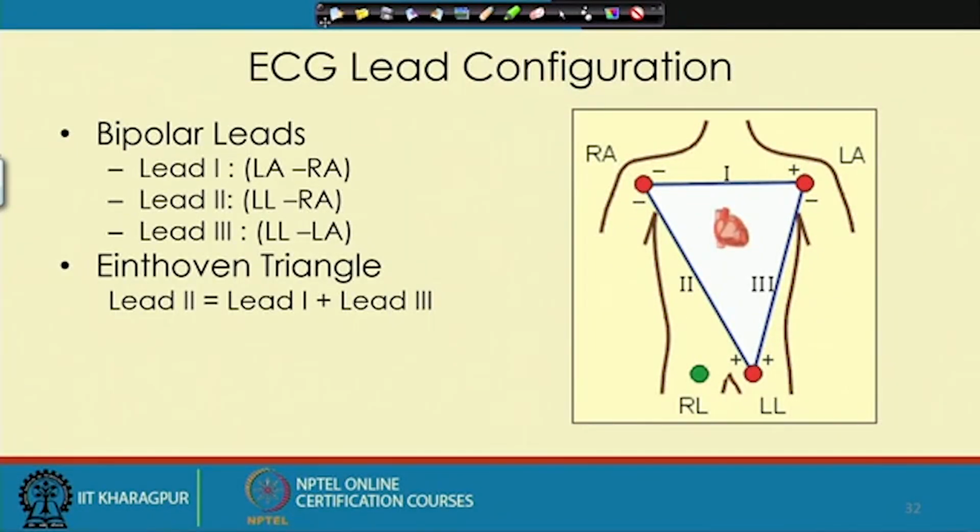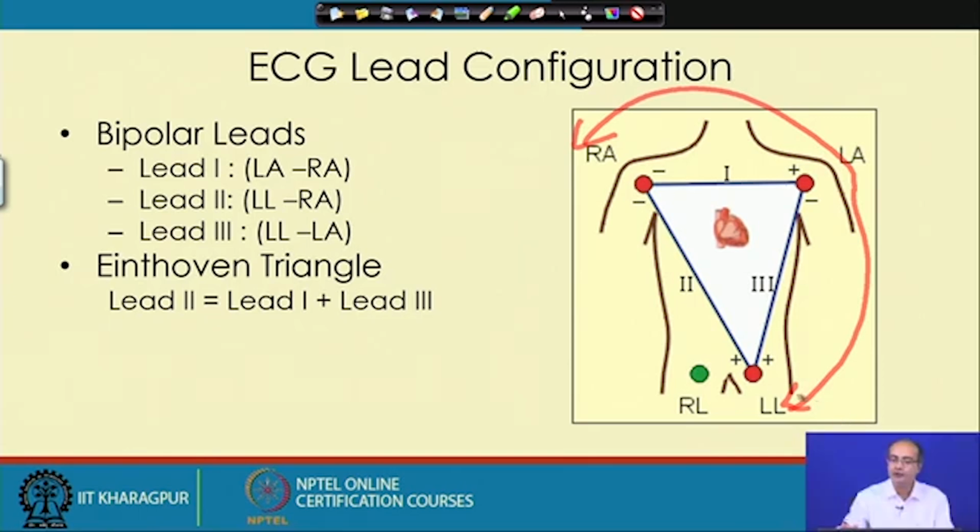Next comes the lead 2 configuration, where we take it from the left leg to the right arm. So, we take the diagonally opposite electrodes, and the lead 2 configuration is the one we used earlier for the explanation.